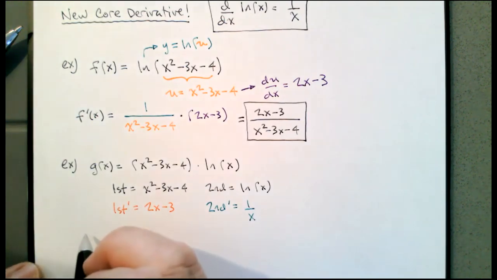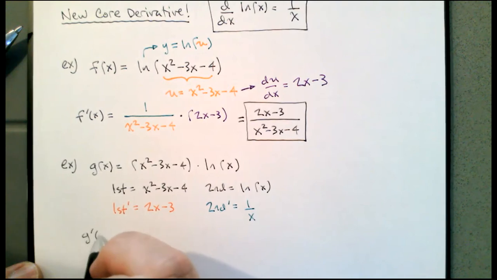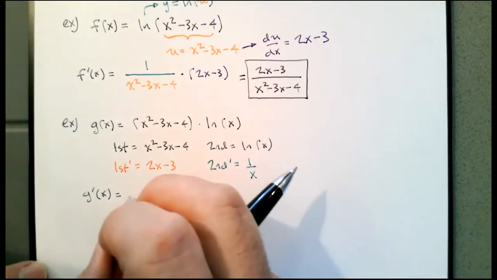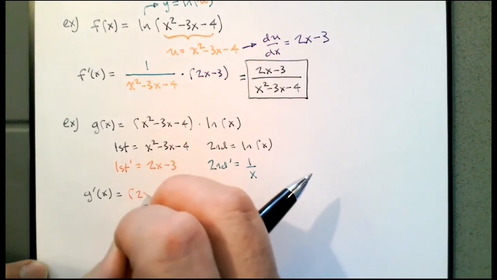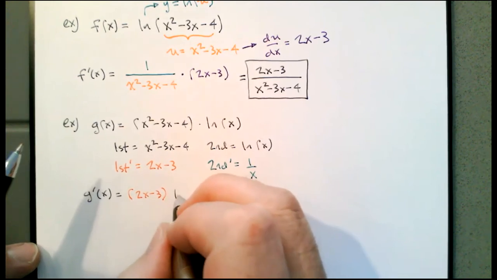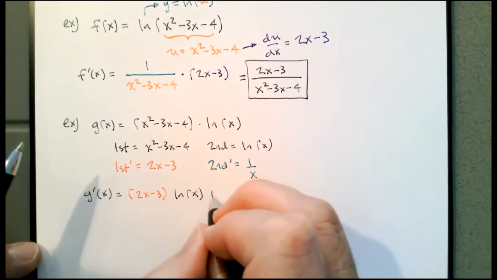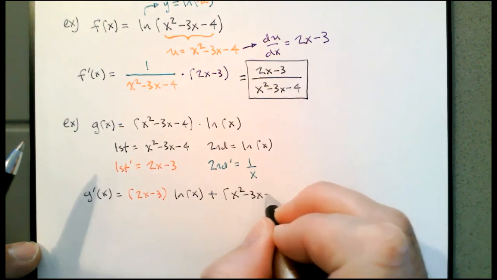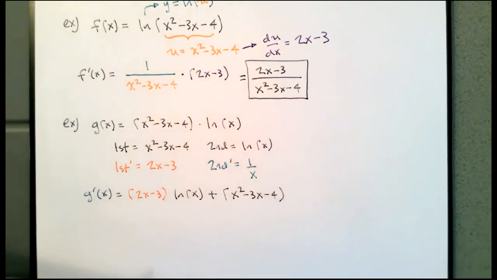So, using the product rule. The product rule says take the derivative of the first times the second plus the first times the derivative of the second.